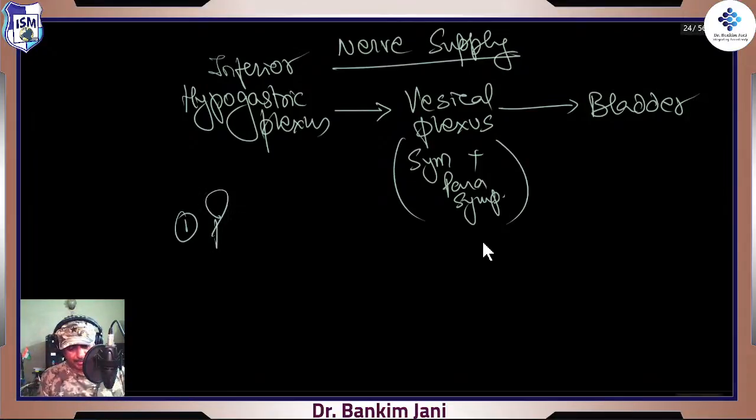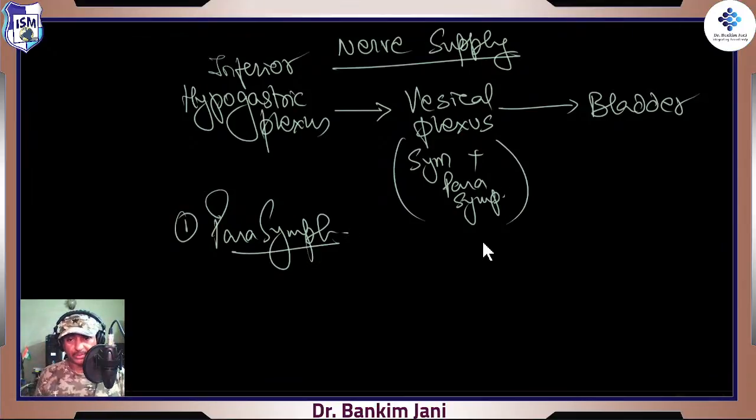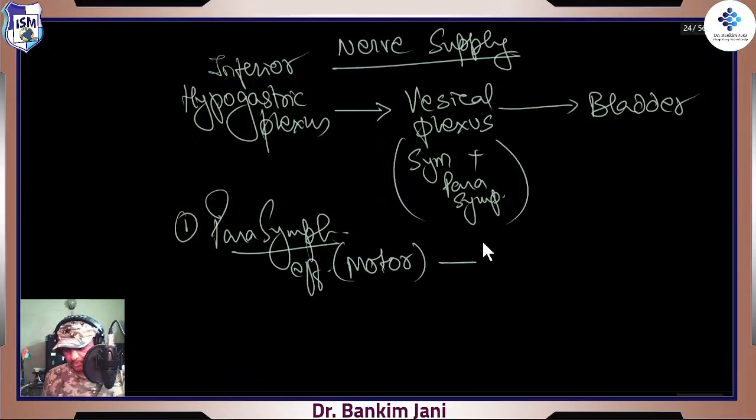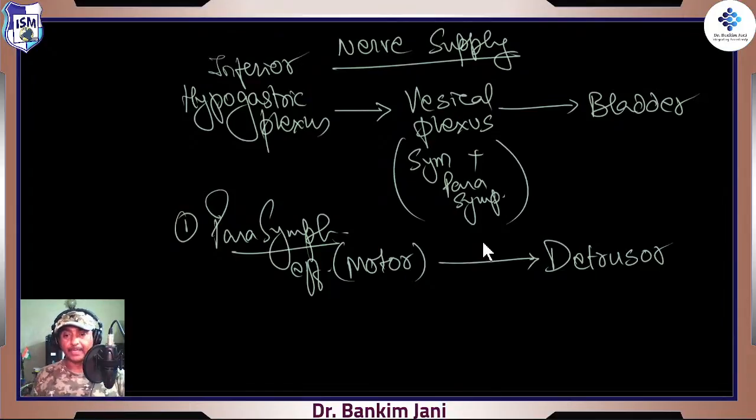For the parasympathetic, they are motor, they are efferent, and they will be motor to the detrusor. Whenever anything is motor, it will say, yes, do contract.